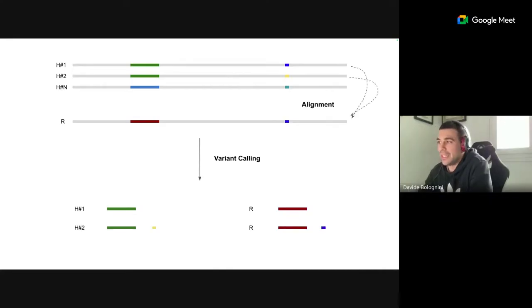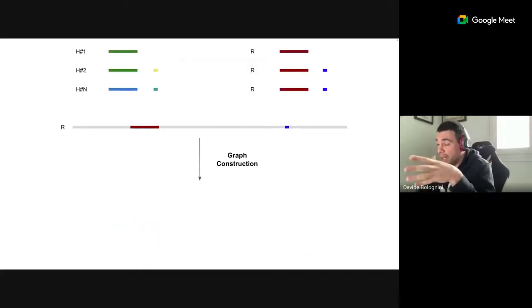You do the same for the second haplotype, and you see an additional bit of variation. Then you do the same until you align all the haplotypes in the collection.